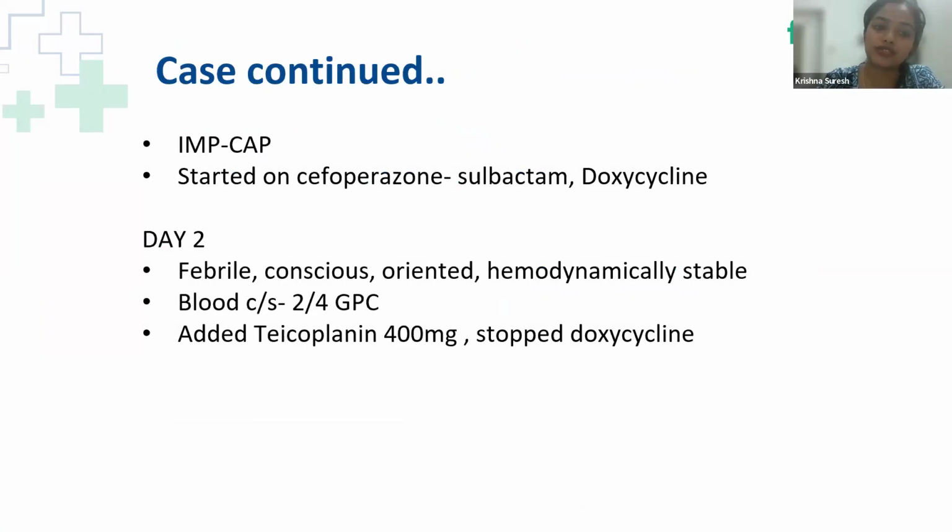But here the patient was actually started on cefoperazone sulbactam, which will cover Pseudomonas, and doxycycline to cover for atypicals. On day 2, patient was febrile, conscious oriented, hemodynamically stable, but blood cultures were growing 2 bottles of GPC. So teicoplanin was added to cover for MRSA and doxycycline was stopped.